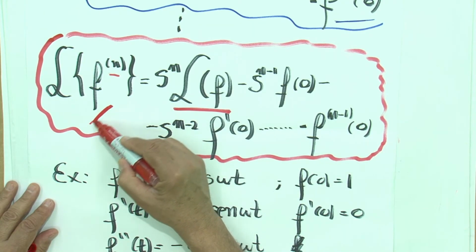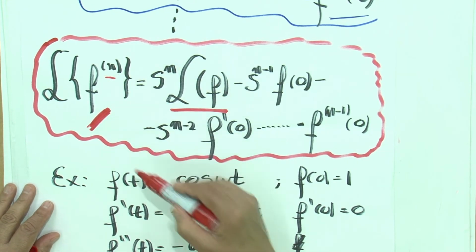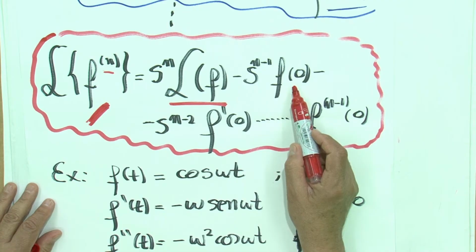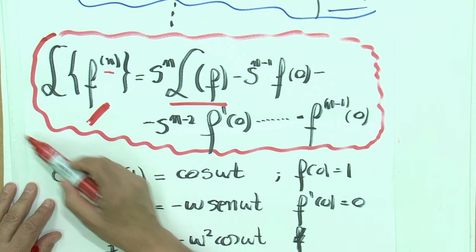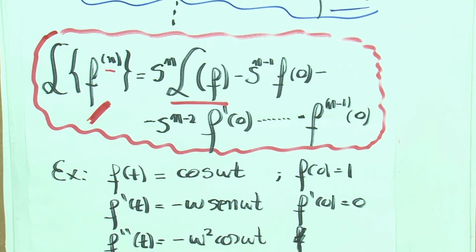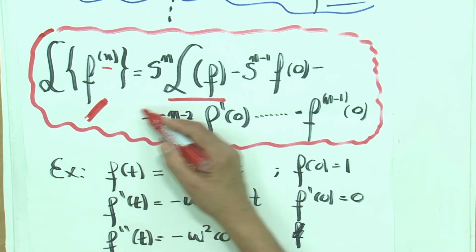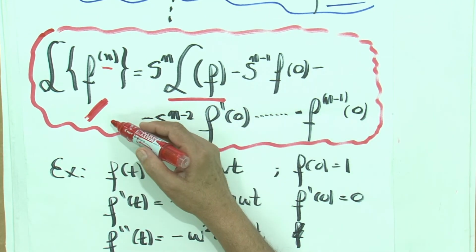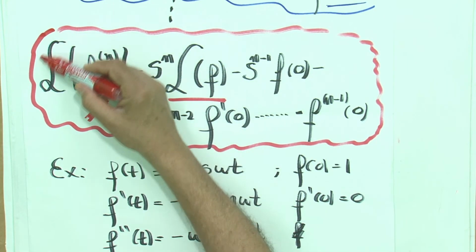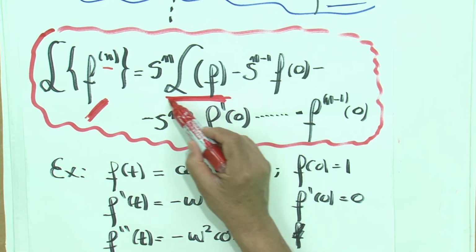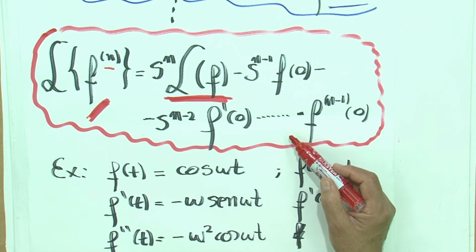If I'm dealing with the Laplace transform of the nth derivative, I need to have those initial values to be able to construct the Laplace transform. Very simple. This is algebra, right? And what is important is I'm transforming any order derivative into the Laplace transform of the function itself. And the rest of it are initial values.